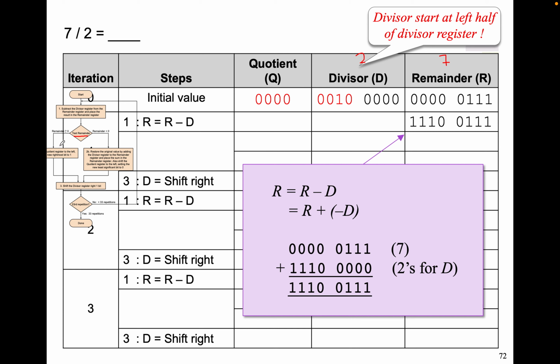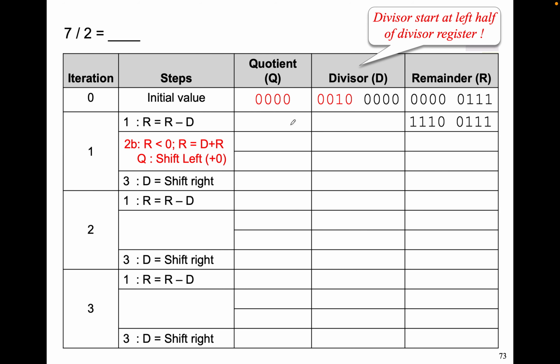It's supposed to be 2a. It's okay, let's take a look. In here it says that it is 2b. Why is it 2b, which is r less than 0? Then r is equal to d plus r again. You will get the value.